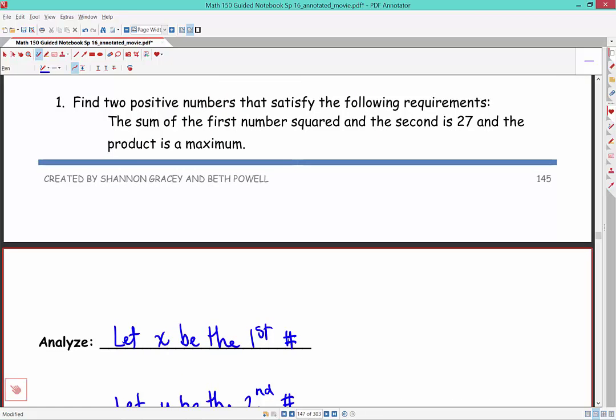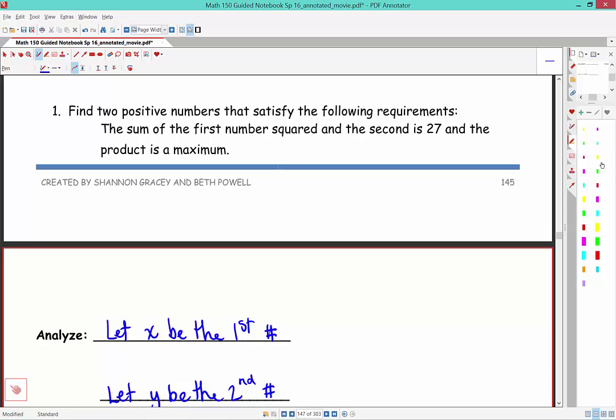Now, let's take a look here. Before we dive too deeply into this problem, let's figure out what our primary equation is. We can always go back to the analysis step if we need to. What words are near the word maximum? Well, maximum is here, so let's backtrack. Oh, the product is a maximum. So that bugger was a little sneaky, right?